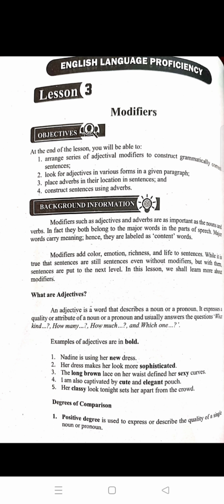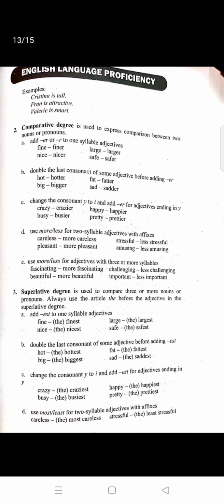Now under adjectives, we have the degrees of comparison. We have here the positive degree which is used to express or describe the quality of a single noun or a pronoun. So example here is Christina is tall. Fran is attractive. Valerie is smart.